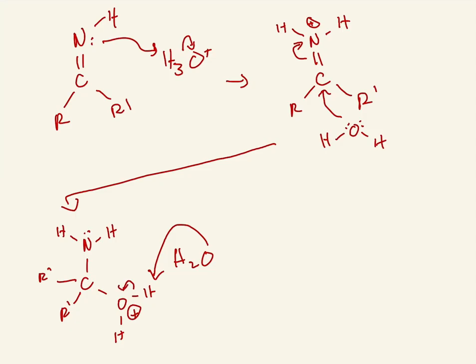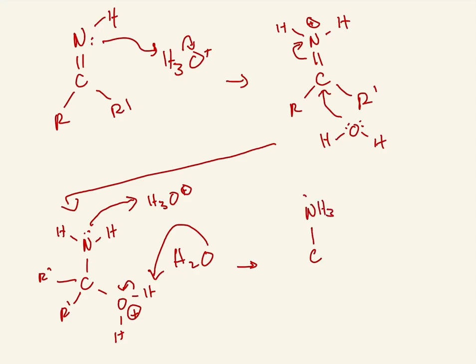And then when that happens, we simultaneously have another protonation of the, sorry, this arrow should be going the other way. Another protonation of the amine group here. This creates a still tetrahedral intermediate.